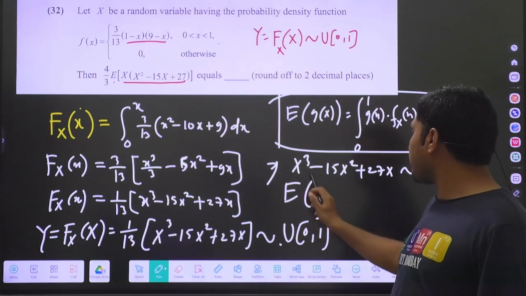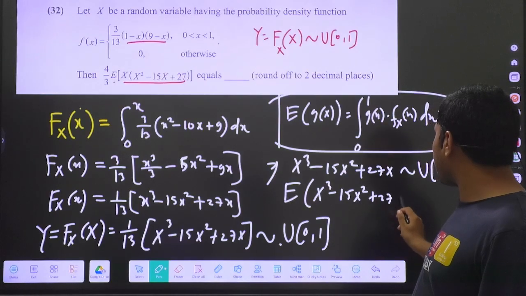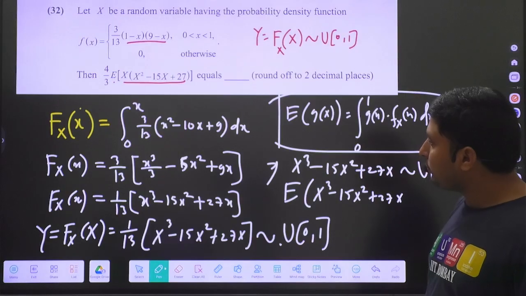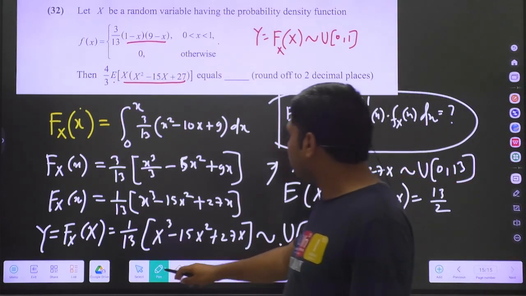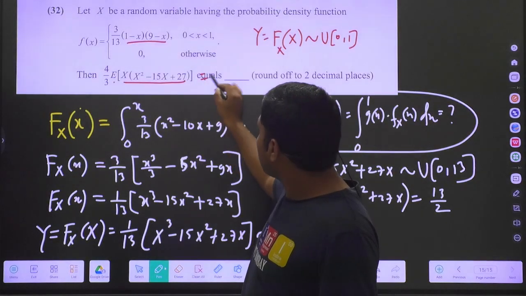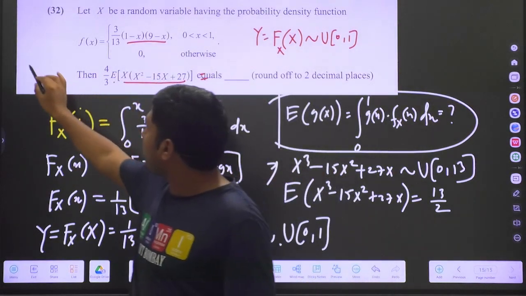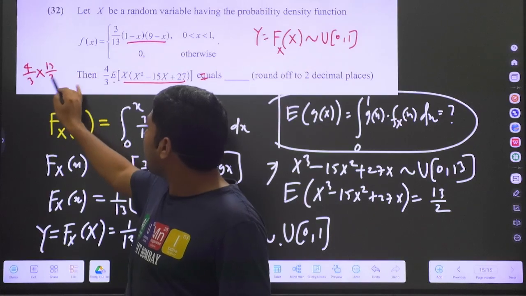The expectation of this will be a plus b by 2, which is 13 by 2. For the answer, this equals 4 by 3, so the answer will be 4 by 3 times 13 by 2.